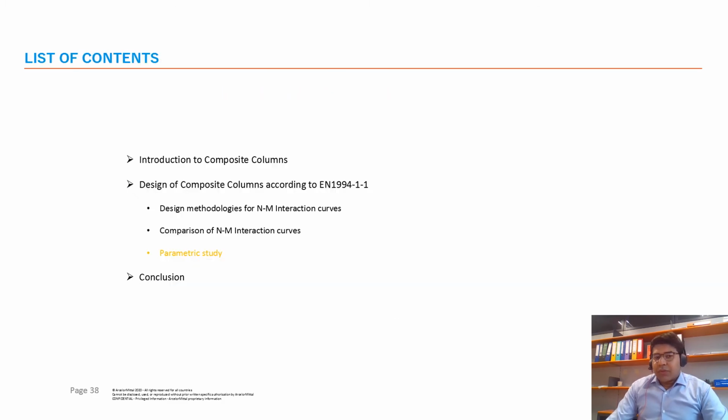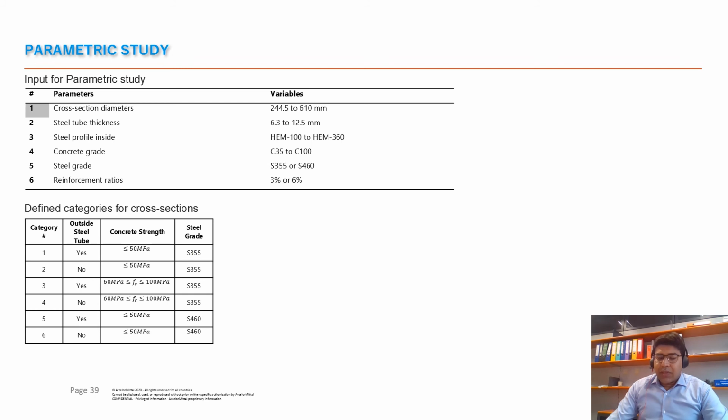So to further enhance this idea, a parametric study was carried out in detail, so we could capture this phenomenon for different cross sections, namely the cross section diameters, steel tube thickness, different steel profiles, different concrete and steel grades, and reinforcement ratios.